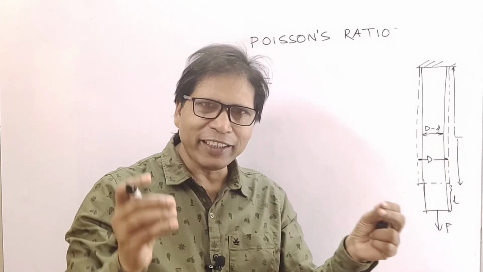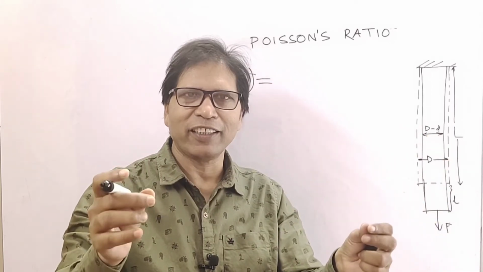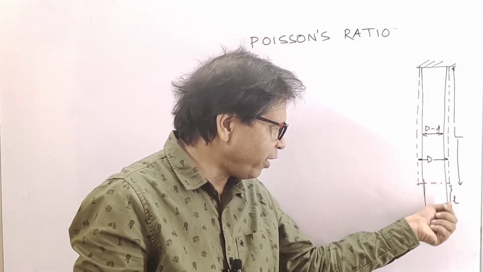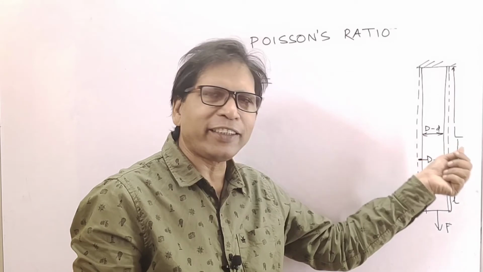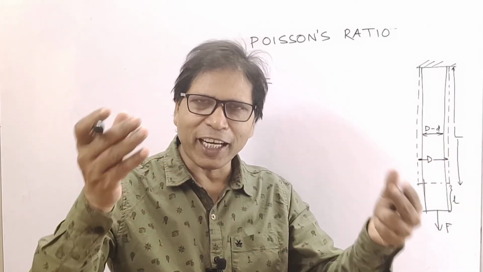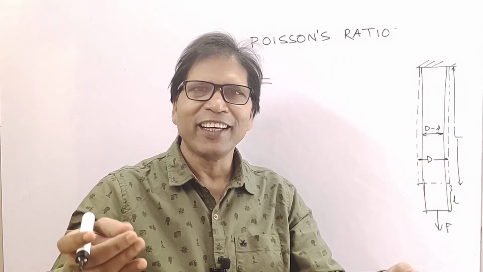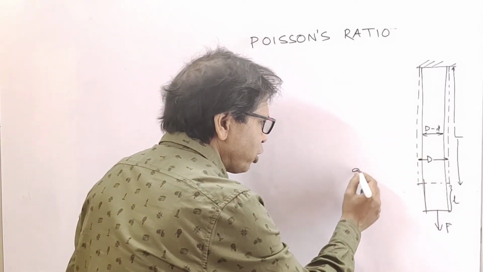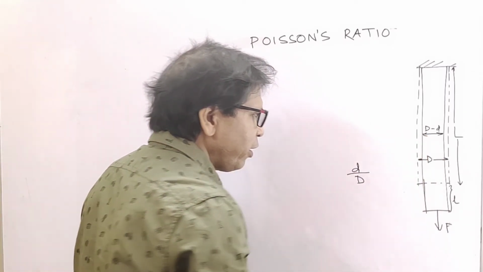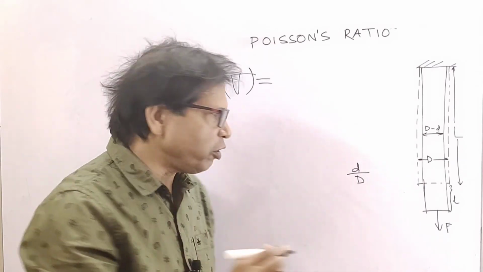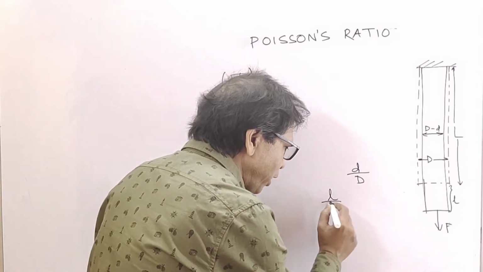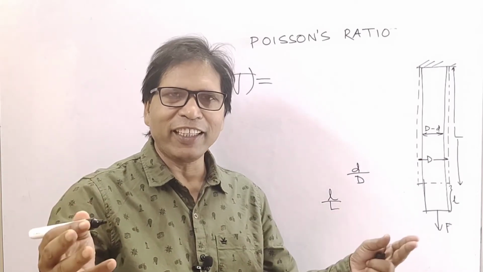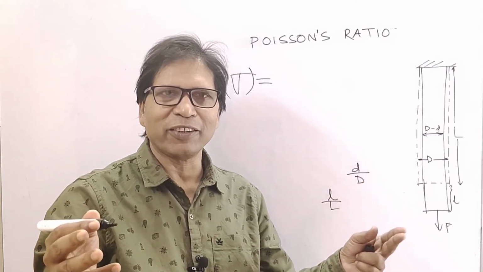Simultaneously, diameter is decreased by small d. Therefore, longitudinal strain and lateral strain also occur simultaneously. The ratio between lateral strain, that is small d by capital D, and longitudinal strain, small l by capital L, is constant. This constant is called Poisson ratio.